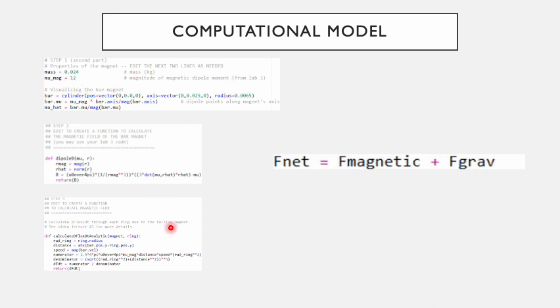Then we made a function to calculate the magnetic field of the bar magnet right here, and a function to calculate the flux. All these create things to measure the force on the magnet, and so then we put it all together and find the net force from the magnetic and the gravity forces.